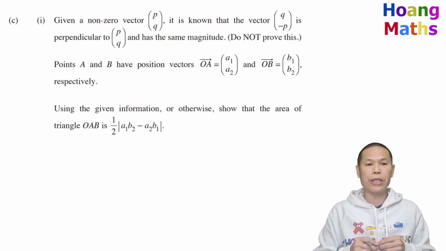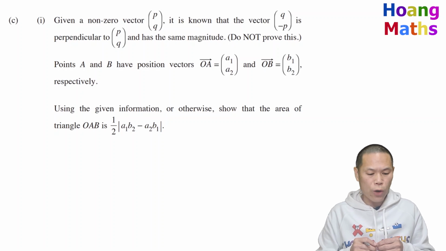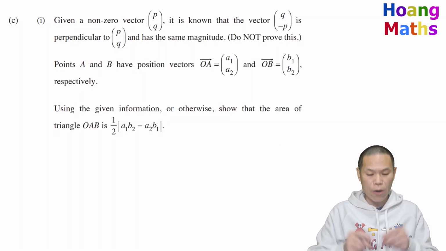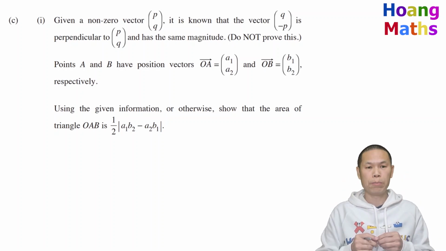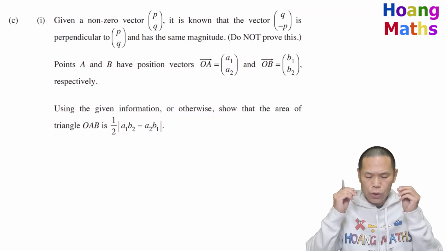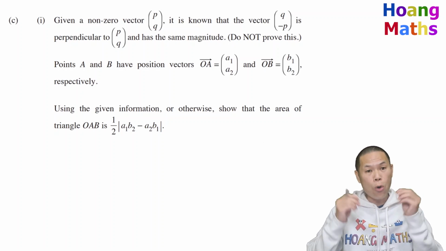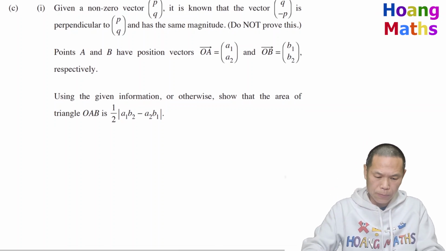Using the information given or otherwise, show that the area of triangle OAB is a half absolute value of A1, B2 minus A2, B1. Let me just construct the vector OA and OB first.